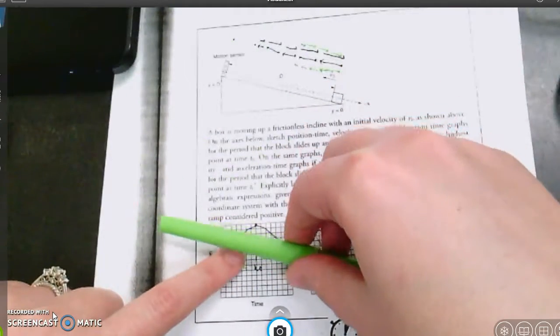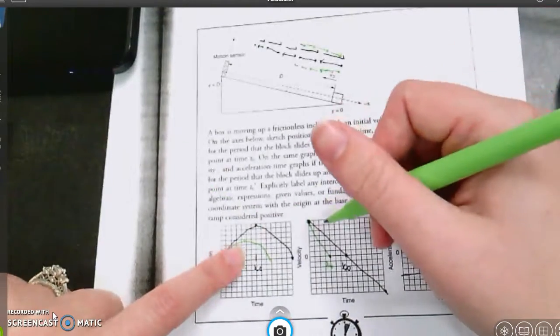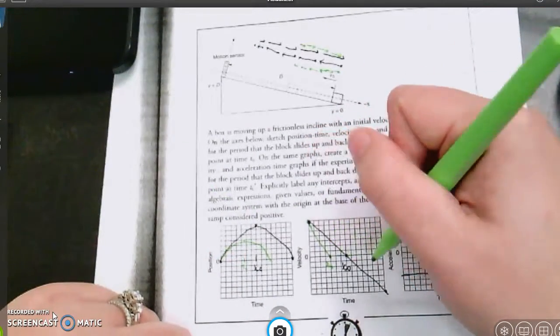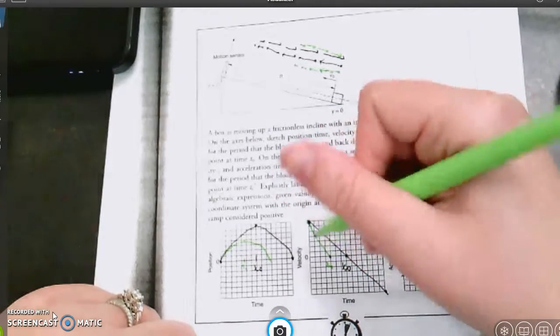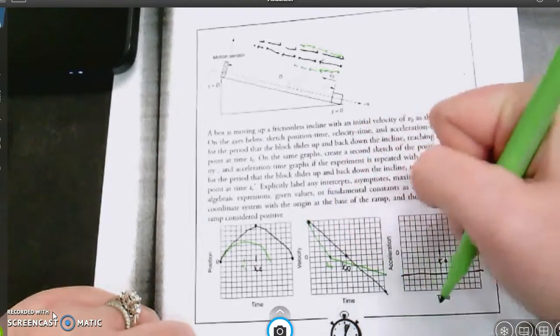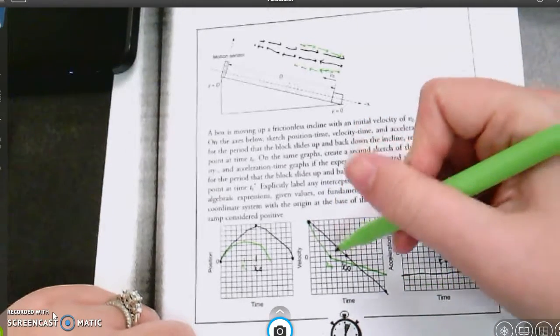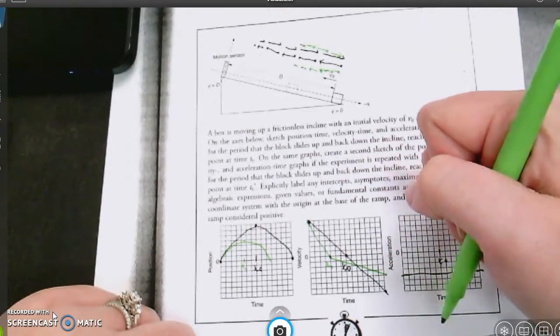And then it's going to take more time to speed back up because friction is now working against it, or maybe I should say still working against it. And so we're going to have a pretty gradual increase in velocity in the negative direction. So it might look something like that.